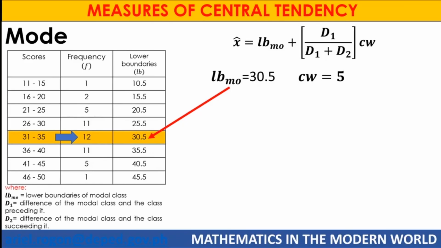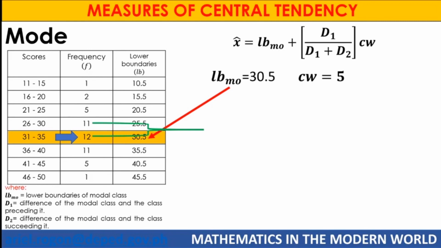Next, we're going to identify the D1. How do we identify the D1? The definition is the difference of the modal class, which is 12, minus the frequency before it, which is 11. So we're just going to get the difference between the modal class, 12, minus the frequency before our modal class, which is 11.